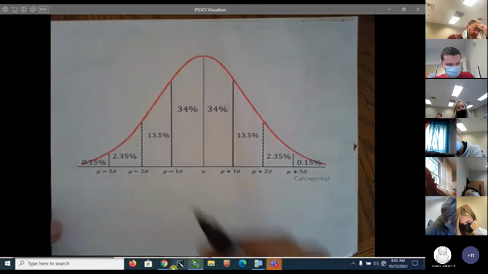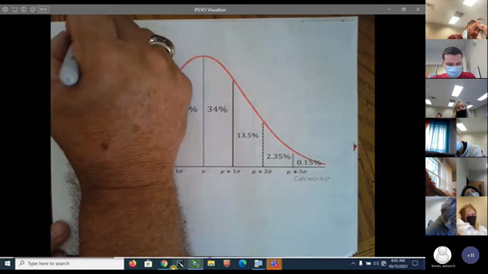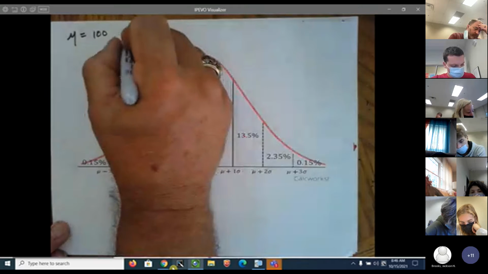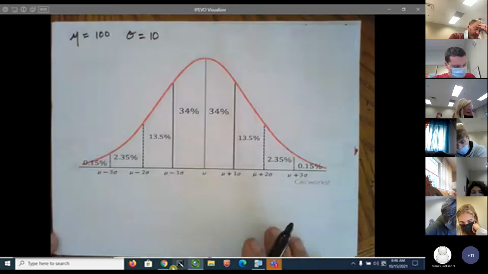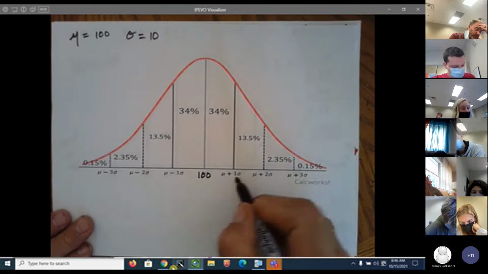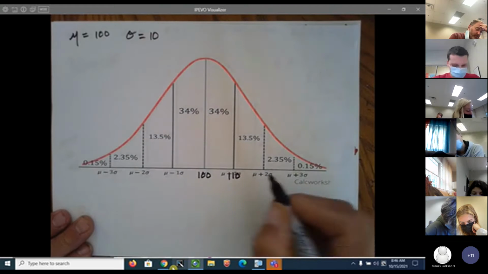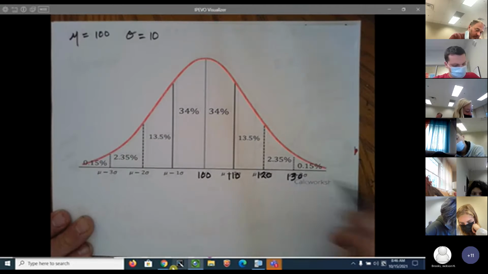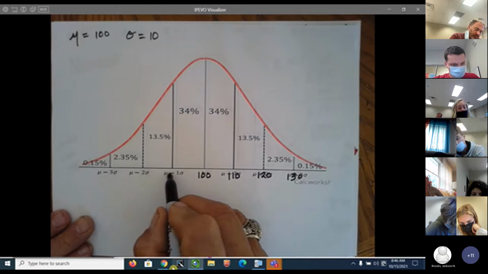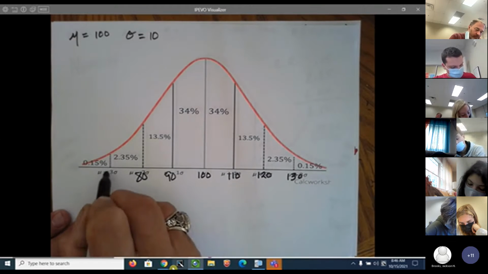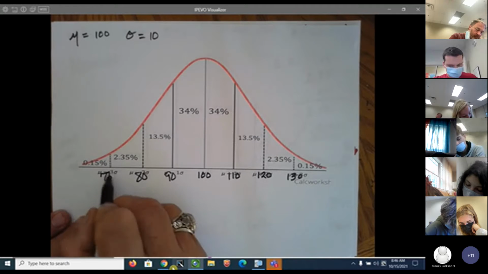So we got a mean equal to 100 and a standard deviation equal to 10. 100, 110, 120, 130, 90, 80, and 70, sorry.